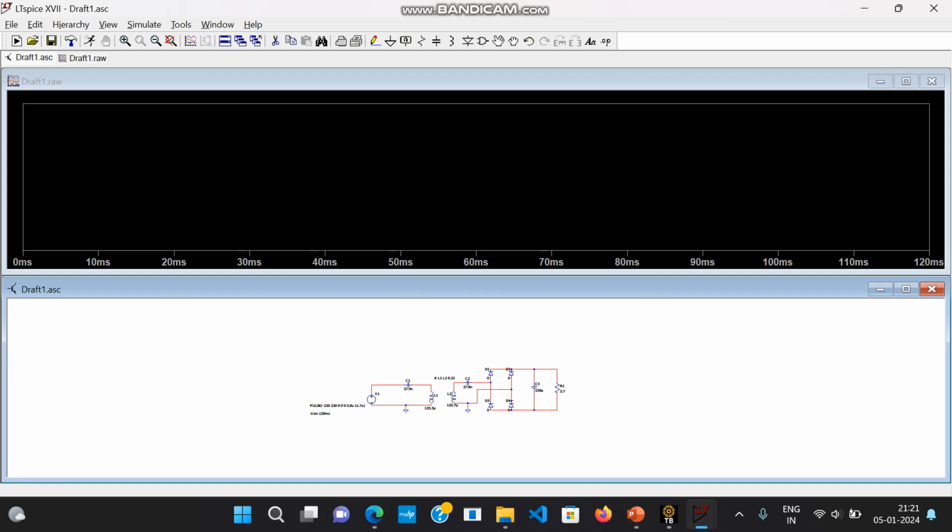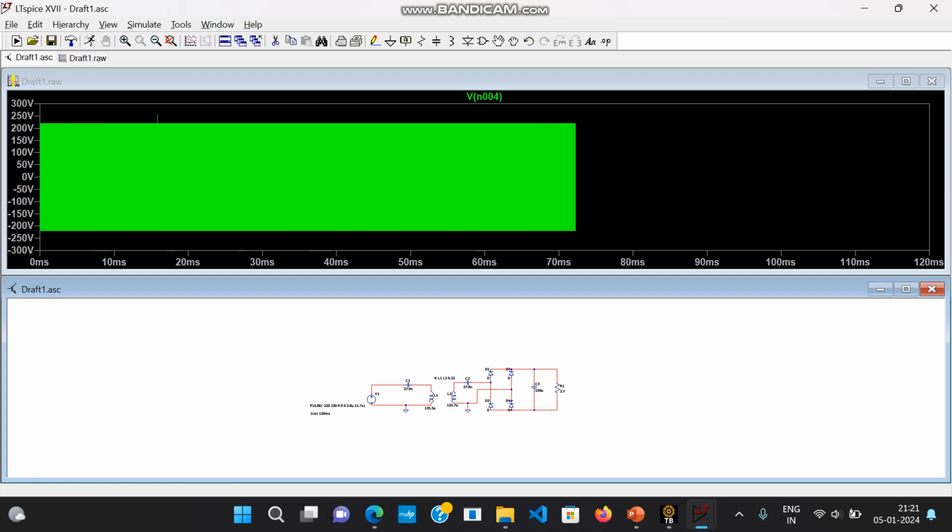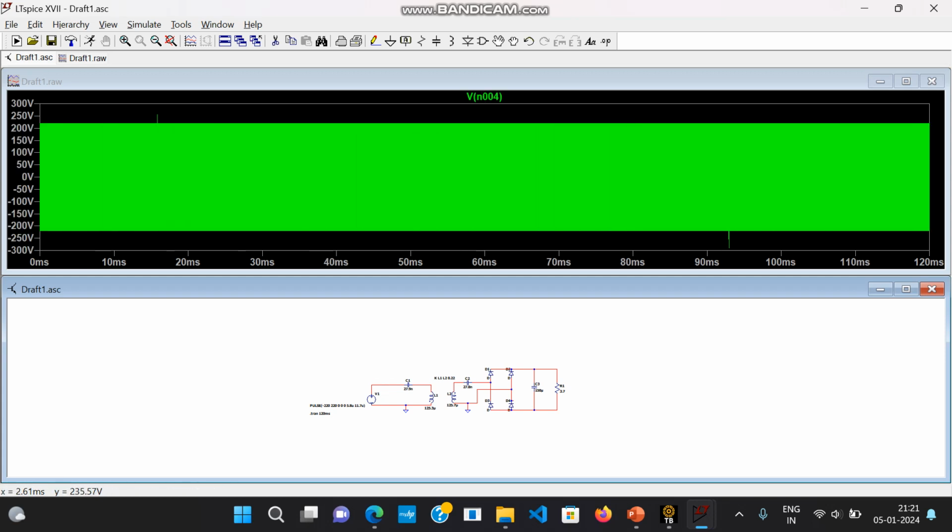First let us check the input voltage. You can see that our input voltage is in the form of pulse. Though we are not able to see it here, let's magnify it.